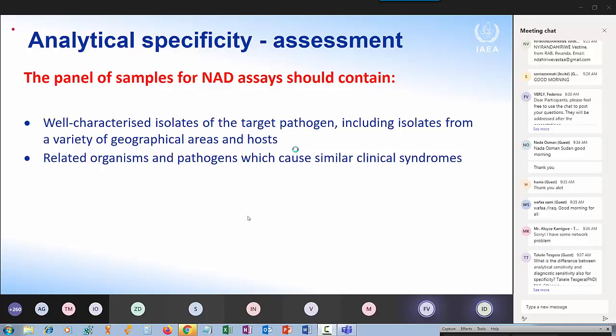If the assay detects all of these samples as positive, it will confirm the validity of the assay to detect this certain pathogen. And it should also contain samples of related organisms and pathogens which can cause similar clinical symptoms, just to exclude that the assay we are checking will cross-react with some of those pathogens and produce false positive results.